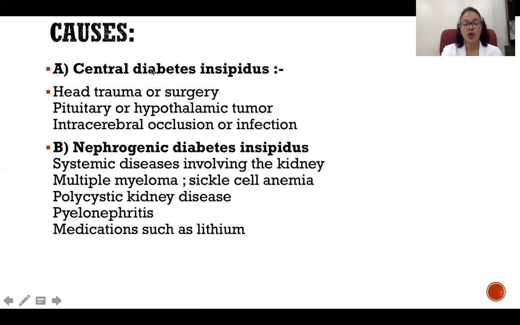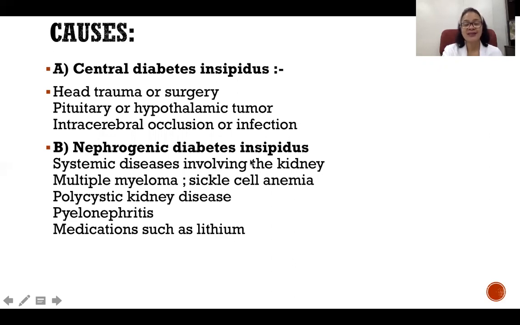So these are the causes of your central diabetes insipidus and nephrogenic diabetes insipidus. So with central, it could be affecting the head, no? Secondary to trauma or surgery maybe, or presence of tumor, presence of occlusion, or secondary to an infection.